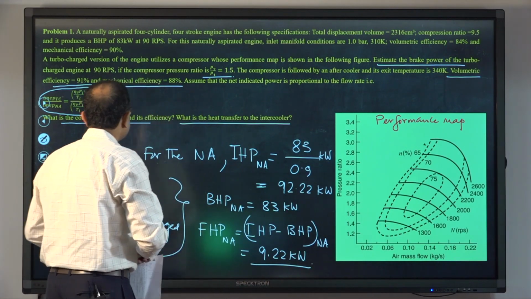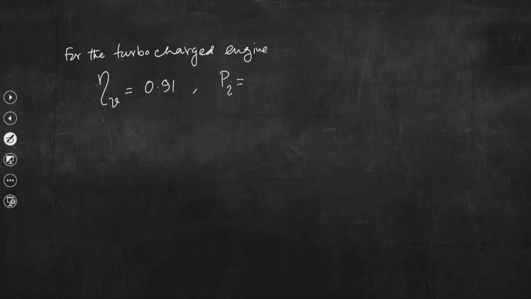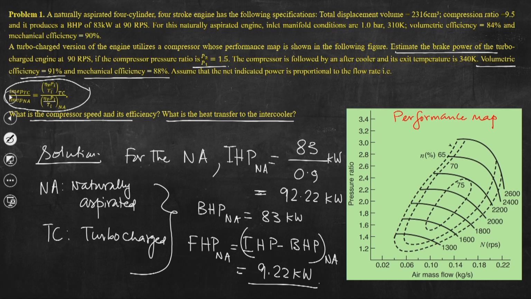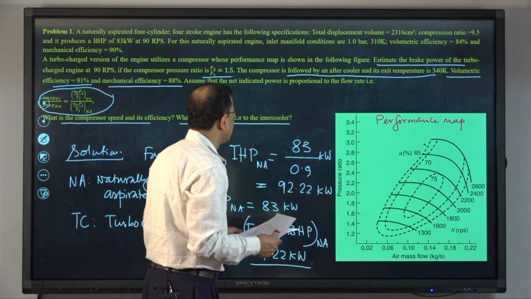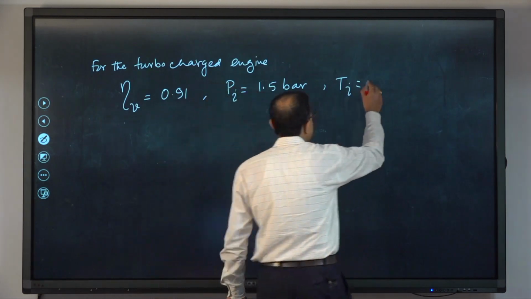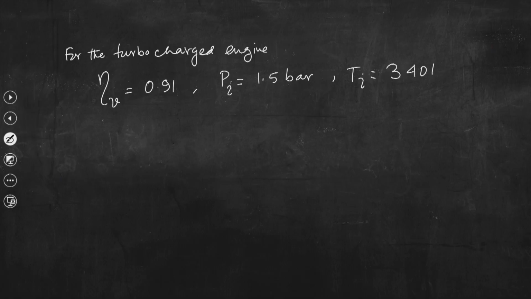So, for the turbocharged engine, the inlet pressure Pi equals 1.5 bar, and Ti is given: the compressor is followed by an aftercooler and the exit temperature is 340 K, and the air temperature at the exit of the compressor is equal to the air temperature at the inlet of the engine. So, that is 340 Kelvin.